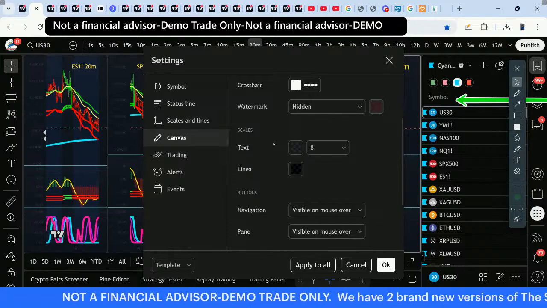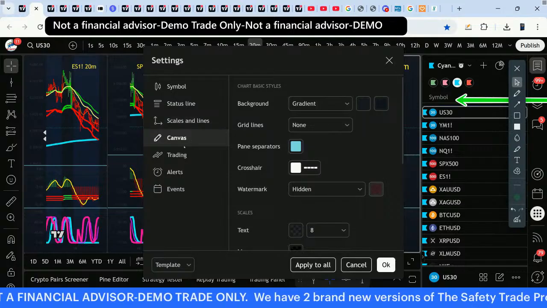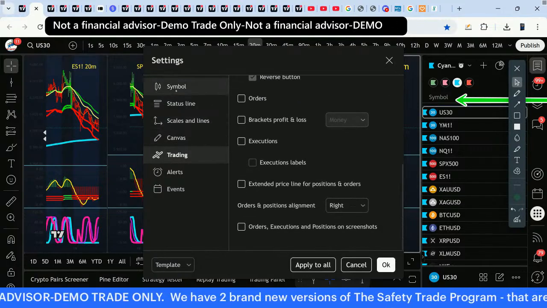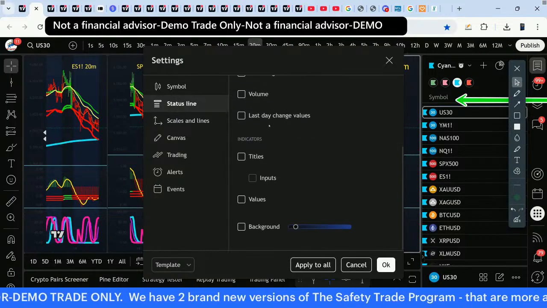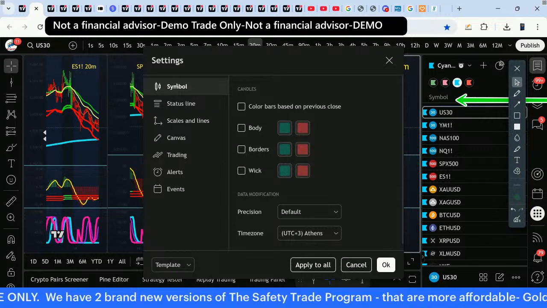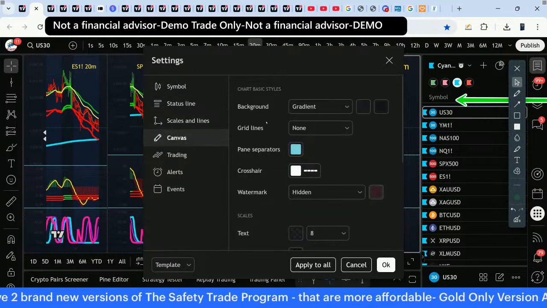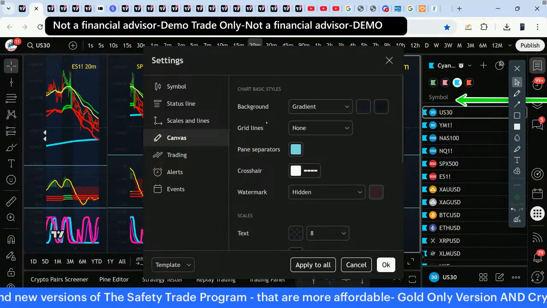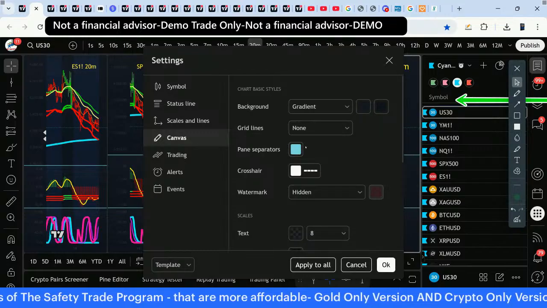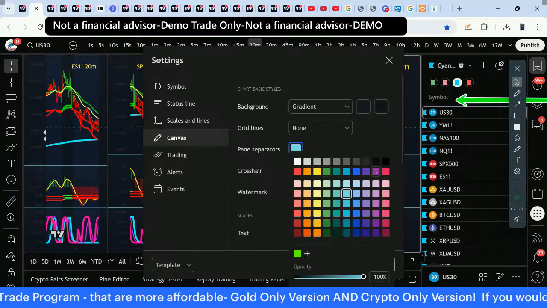Text scales lines, no. Status line, no. Symbol, no. Crosshairs, watermark, pane separators. Why is this blue? I must have done that.